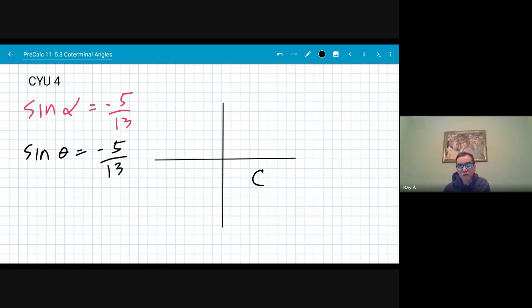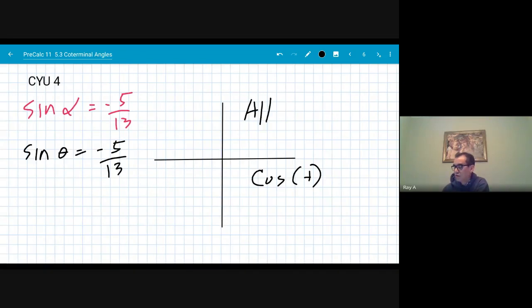In quadrant 4, cosine is positive. In quadrant 1, all trig ratios are positive. In quadrant 2, sine is positive. In quadrant 3, tangent is positive.